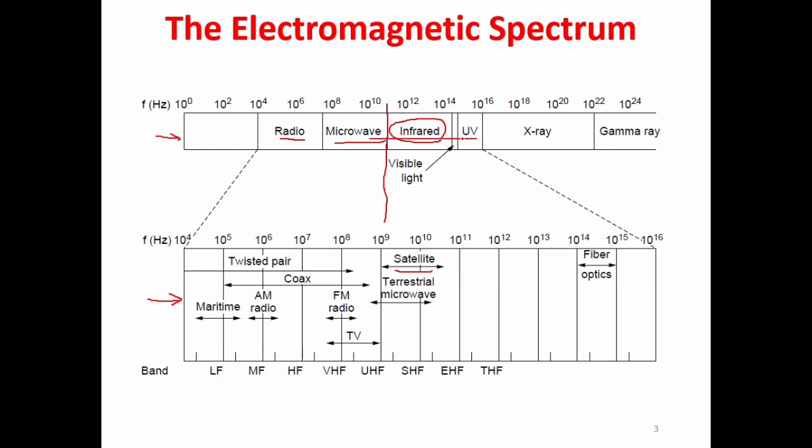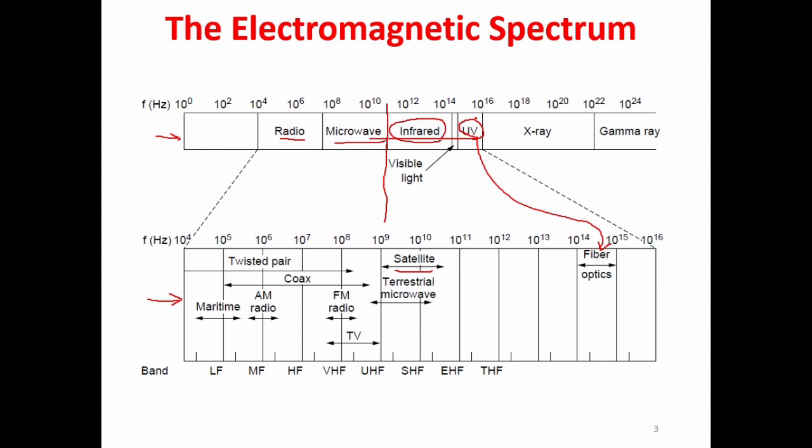But for ultraviolet, we can go for fiber optics. And the good news here is this is for high-speed communication, but of course it works with this range of frequency. So for this range of frequency, we can work with fiber optics.